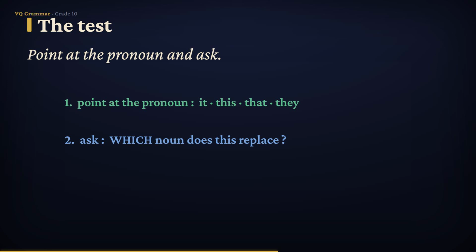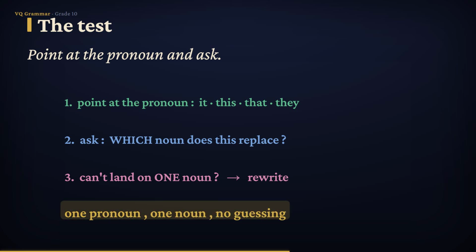If you cannot land on one single noun, because there are two candidates, or because the pronoun is pointing at a whole idea, or because the noun was never written down at all, then rewrite. Name the noun, or recast the sentence. One pronoun, one noun, no guessing. That is the difference between writing a reader glides through and writing a reader has to stop and decode.